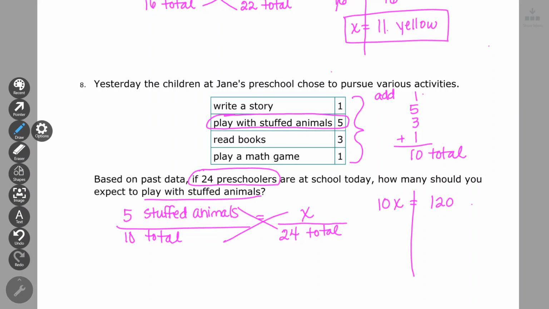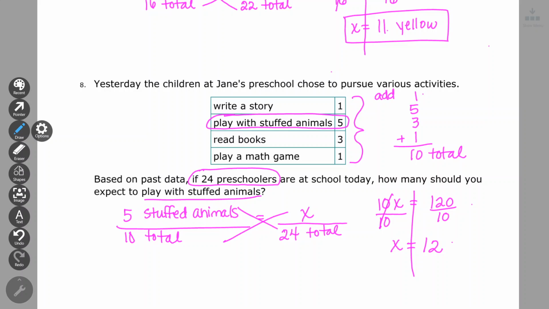Okay, so now we can put our line there to divide our equation. 10 is being multiplied by x. The opposite of multiplying by 10 is dividing by 10. That's what we're going to do to both sides in order to isolate that variable. 10 over 10 is 1. It just leaves us with an x. We don't have to write 1x, for 1 is understood. 120 divided by 10 is 12.